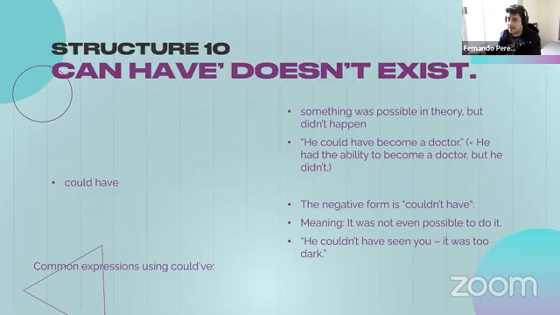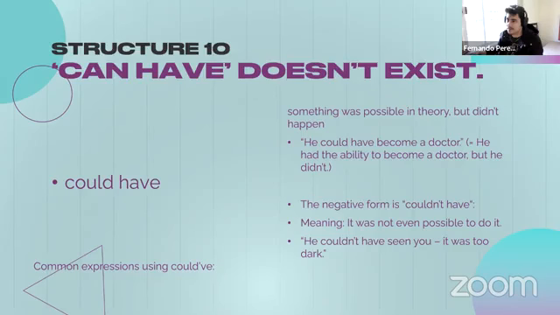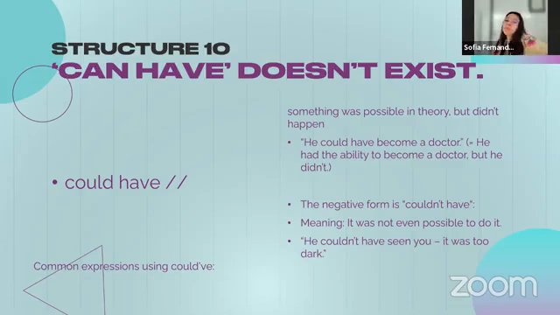The opposite of can, or can in past, is could. And this one has a contraction. Contraction pronunciation, everybody? Could have. Could have, exactly. That sounds good.